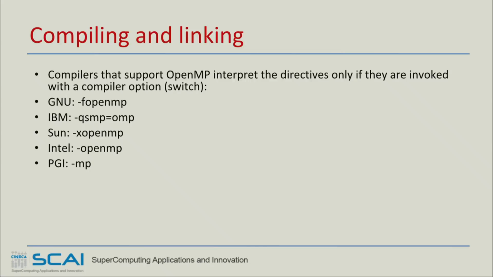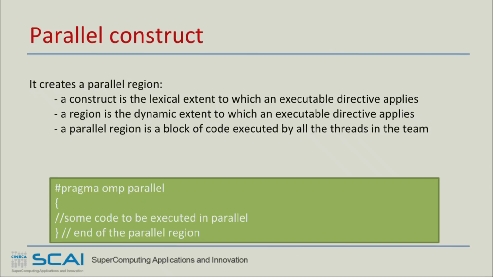So this slide is a legacy slide in which I forgot to update the flags. But in general, each compiler has its own flag. If you are familiar with one compiler in particular, then you learn how to use this option. Okay, before going on, are there any questions about that?